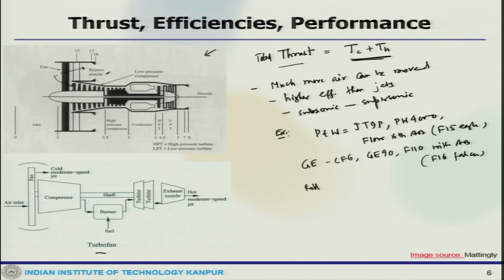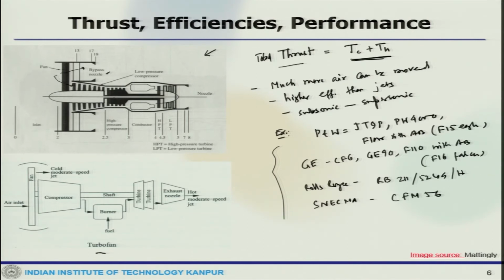Then you have Rolls-Royce, which is RB211, 524G, H. You have Snecma CFM 56. So, these are some of the examples, but the exhaustive list was already discussed during the introduction.